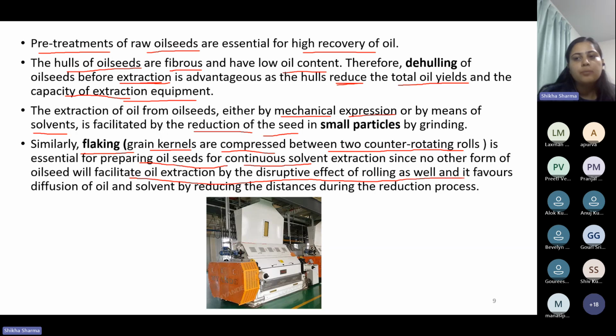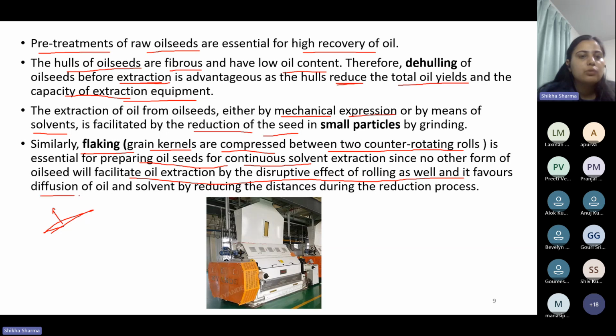When we do flaking, there is a disruption in the oil seed, so it increases the oil extraction yield. Second, since it is like a flake, there is a less distance, so oil can easily diffuse.